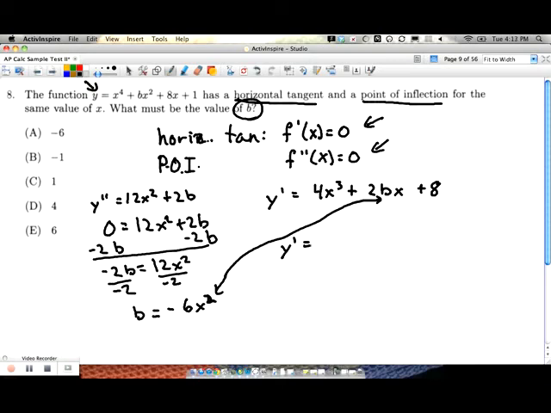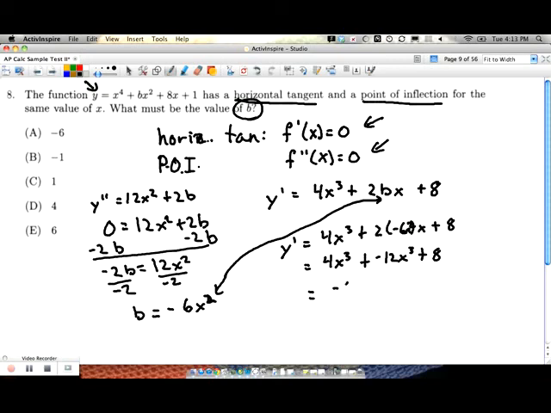I'm going to use this and plug it in for b here. That means y prime equals 4x cubed plus 2 times b times x plus 8. Well, b is negative 6x squared. If I simplify that, I have 4x cubed plus, well, 2 times negative 6 is negative 12, and x squared times x is x cubed, plus 8, of course.